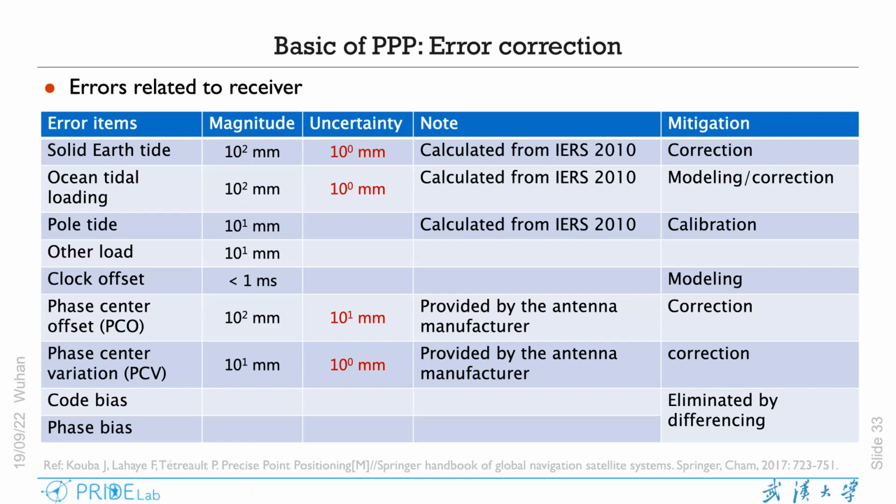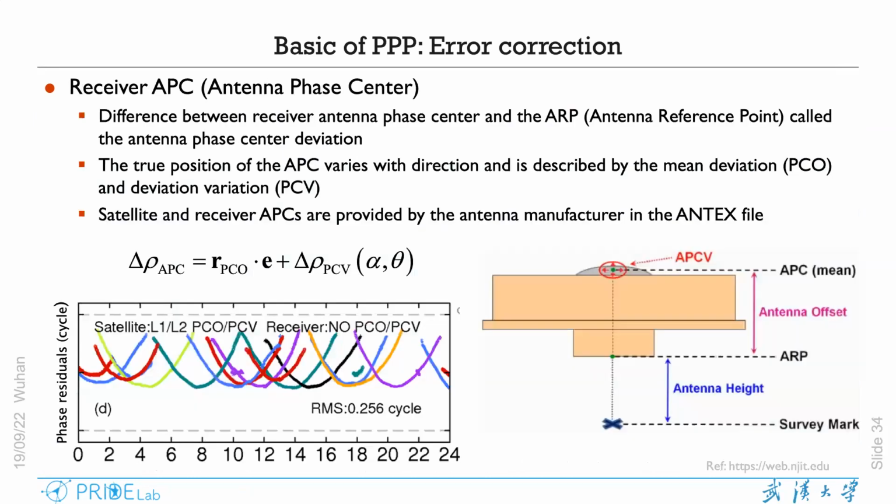These values are usually provided by the antenna manufacturer as well as by the International GNSS Service. So this is the receiver APC. Normally we use the ARP, the antenna reference point, to describe the phase center offset and the phase center variations.